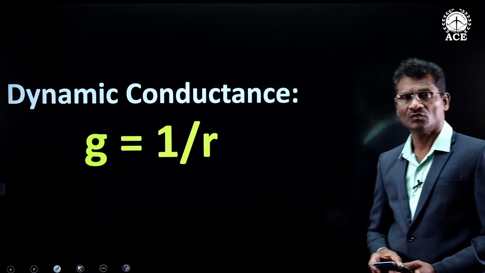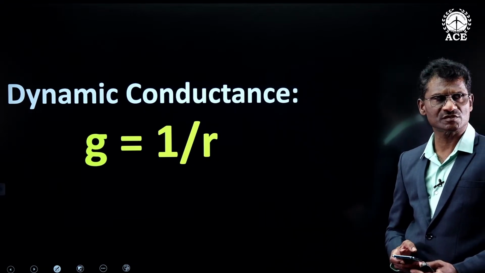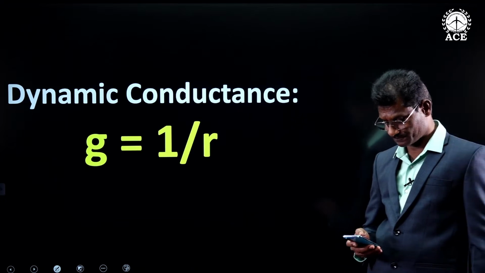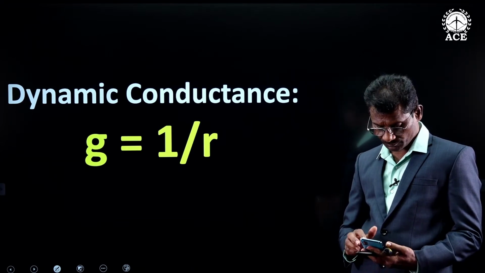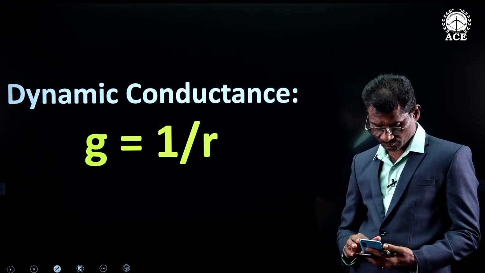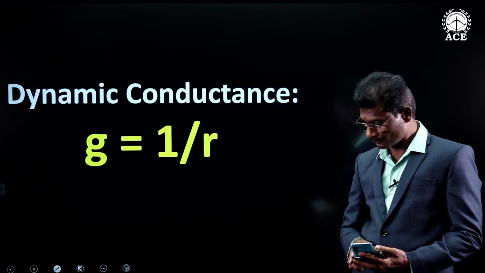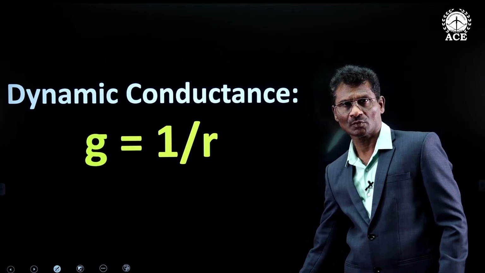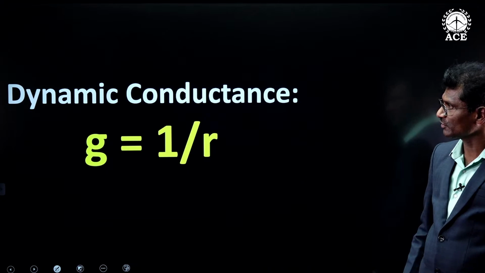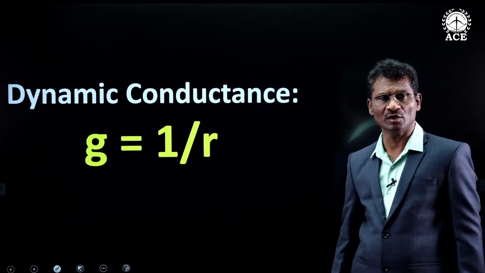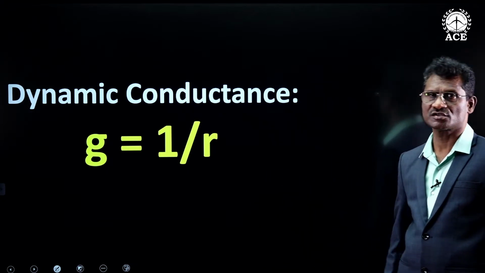Let me see whether any doubts have been expressed by the students. There are no more doubts, so I'll continue the discussion. We'll just solve a numerical and close this session.